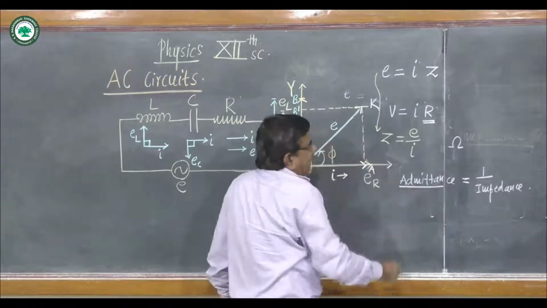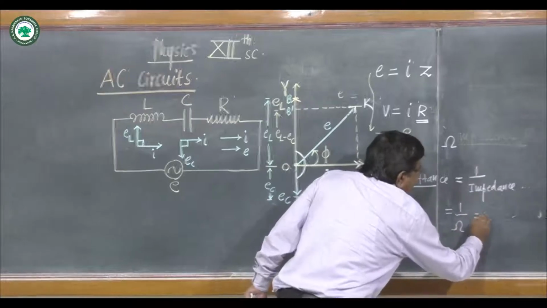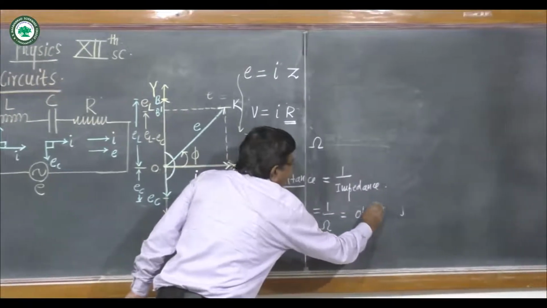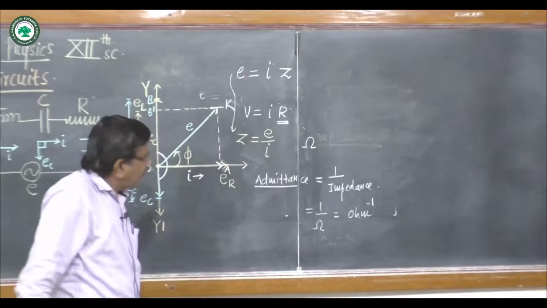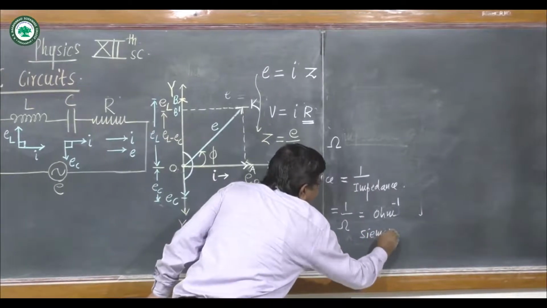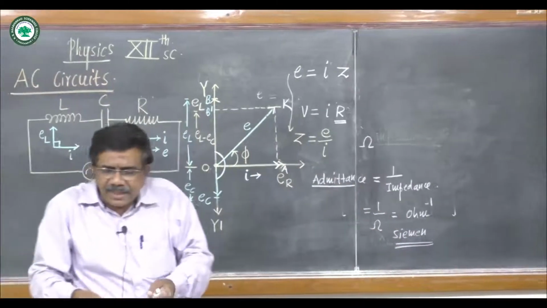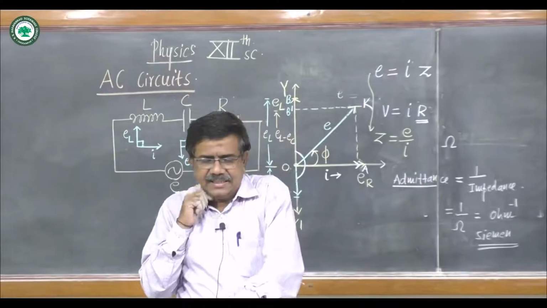The unit of admittance is 1 upon ohm, or ohm raised to minus 1, which is also called Siemens. So reciprocal of impedance is admittance.